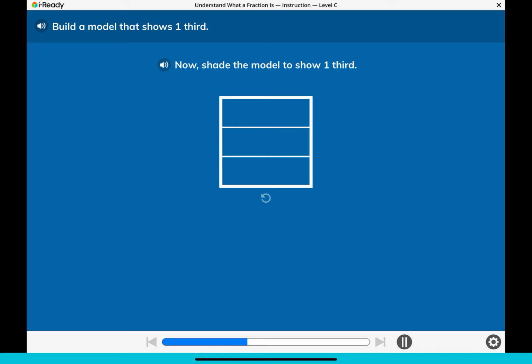Tap each part you need to shade. Way to go! You built a model that shows 1/3.